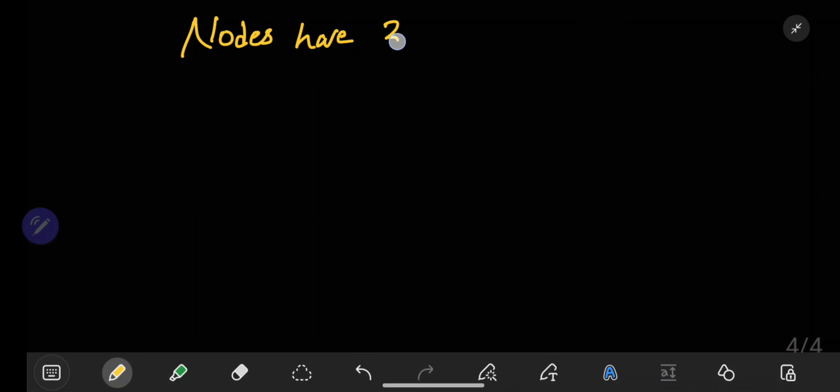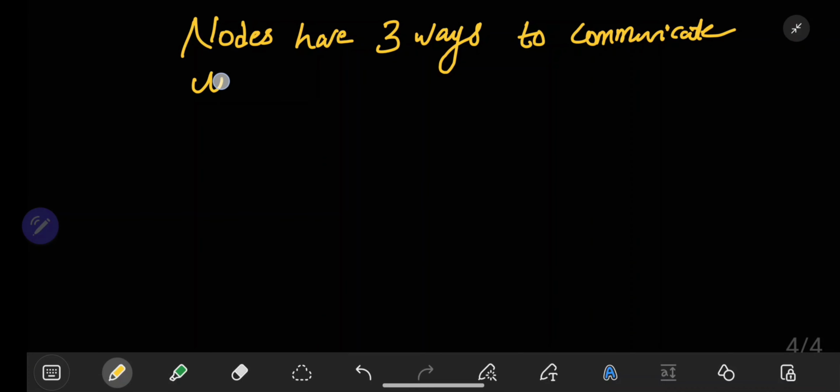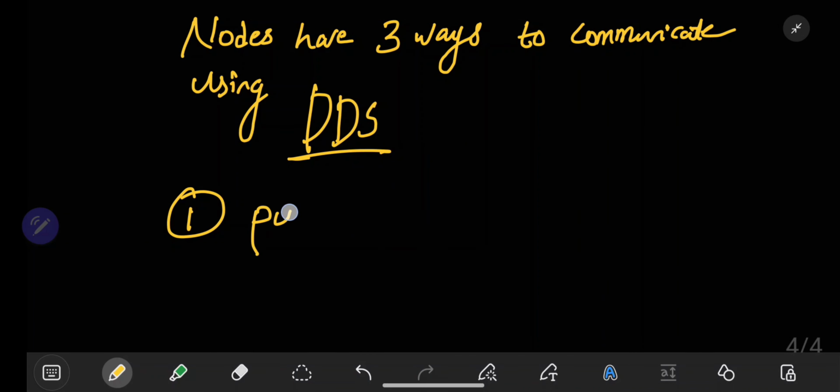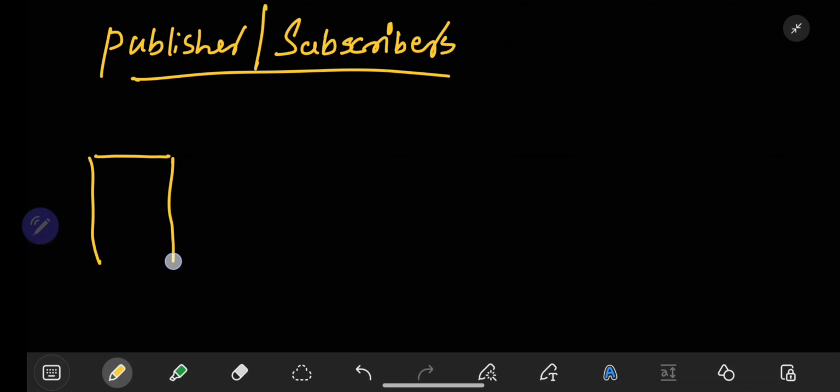Nodes normally have three ways to communicate with each other using the DDS pipeline. The first one is the publisher subscriber model. Now we have to get inside this publisher subscriber model and understand how this method works. Here we can consider two nodes or two ROS executable programs.